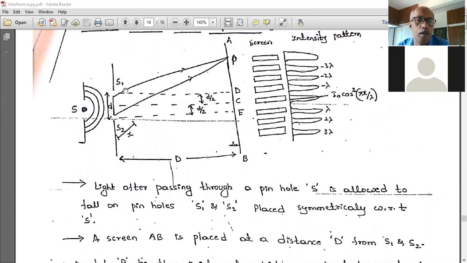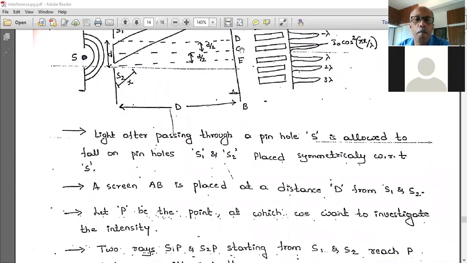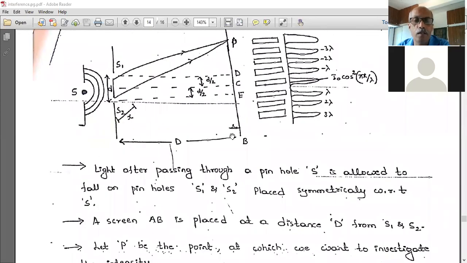Since they originate from the same source, they are said to be coherent. This is one of the methods of division of wavefront. The wavefront is divided into two wavefronts, and hence the name division of wavefront. Now, a screen AB is placed at a distance capital D from the two slits S1 and S2.